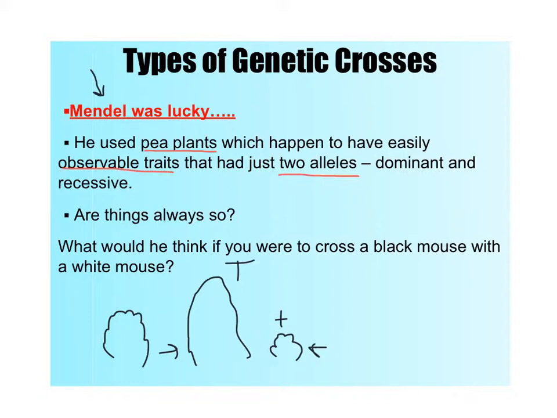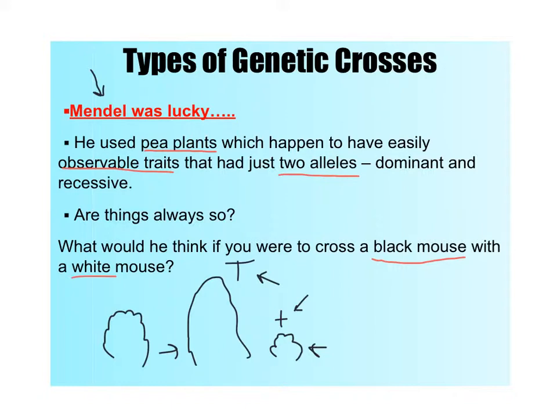Now, Mendel, if he was going to cross mice, say a black mouse with a white mouse, since the plants were so easy, it was just a dominant and recessive. So either you got a tall plant or a short plant. Well, with other organisms, it's not quite that easy.